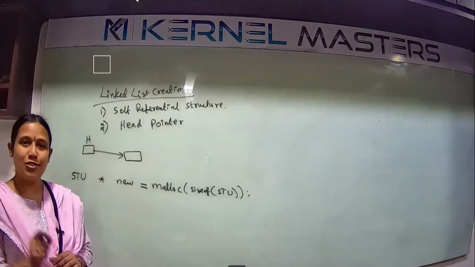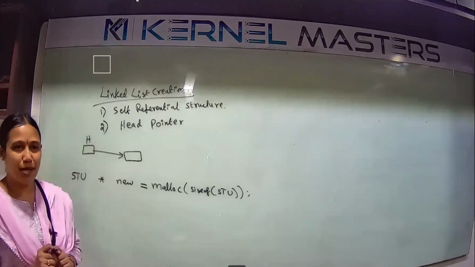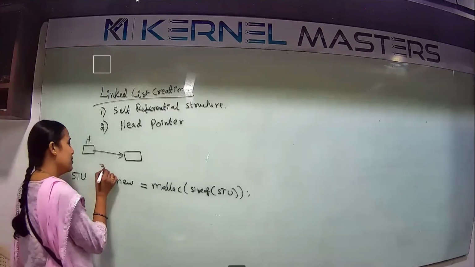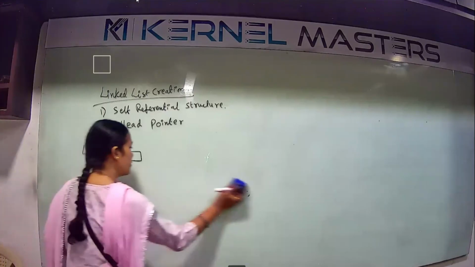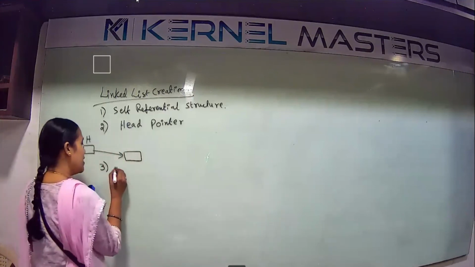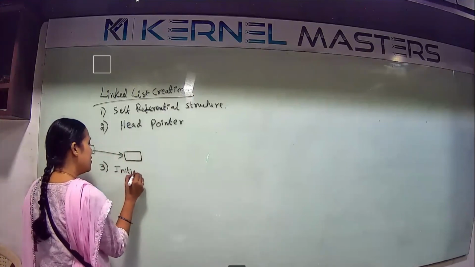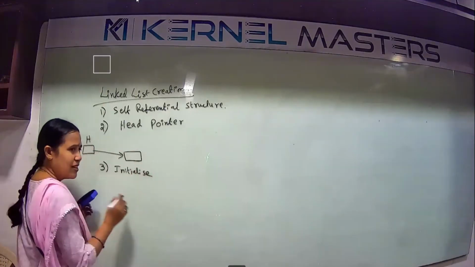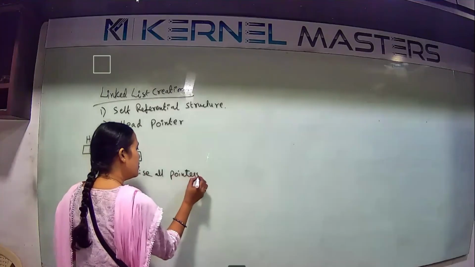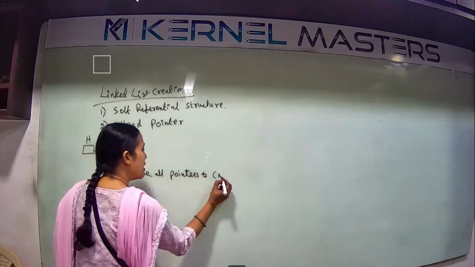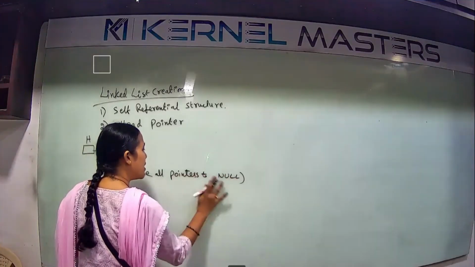If you don't initialize to 0, somewhere something will definitely break. Okay. So remember these points. Whether required or not, initialize all pointers to 0. 0 means null. All pointers, immediately initialize to null.